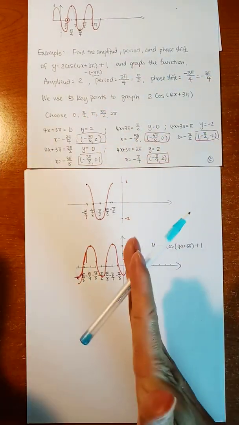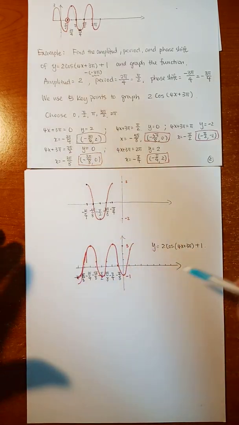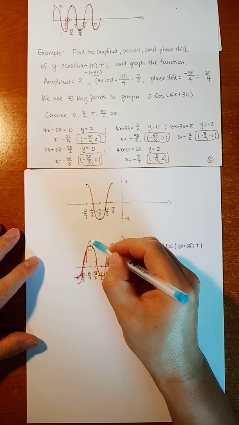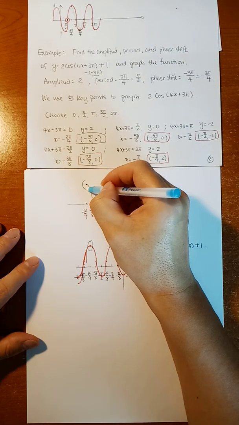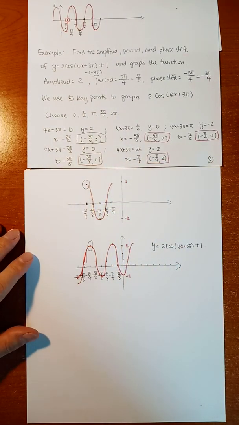You get the corresponding value for x. That is called the phase shift. It's an initial starting point, like for example, this one. You start from this point. The phase shift is negative 3 pi over 4.